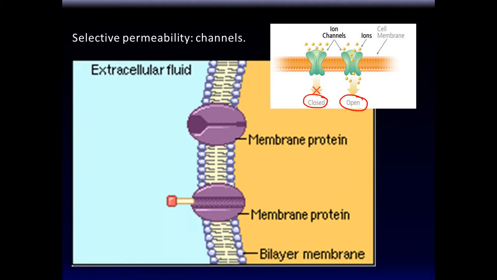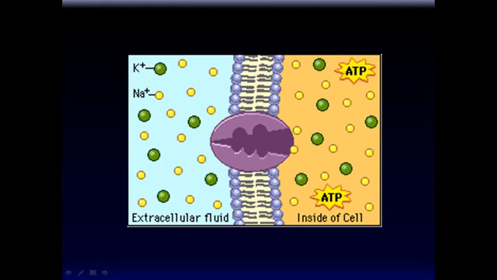This occurs with different things, and especially with ions. If the cell wants certain ions, it will open the gate for that ion so the ion can get through. The gates will be closed or open on the cell's volition. If the cell wants it closed, it will be closed. If it wants it open, it will be open.